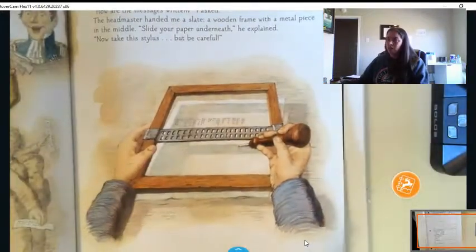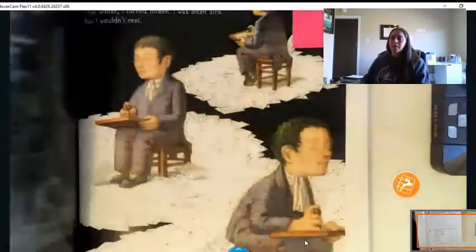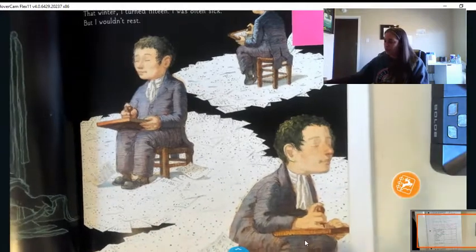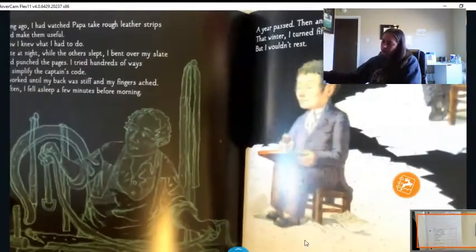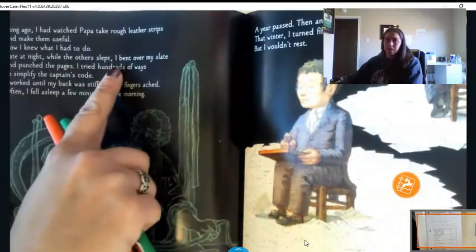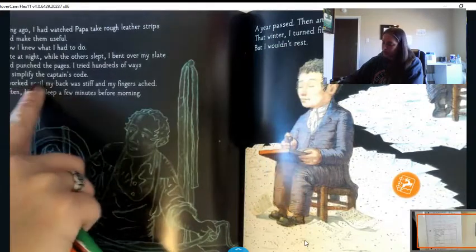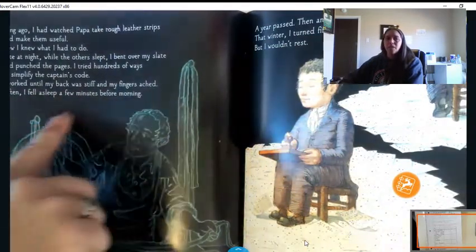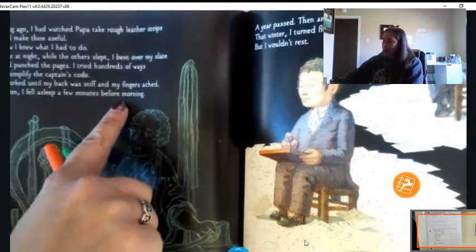And finally, he learned about a secret code using a stylus. But it wasn't useful for the blind children. They couldn't use it very well. And so Louis sat late at night while the others slept. I bent over my slate and punched the pages. I tried hundreds of ways to simplify the captain's code. I worked until my back was stiff and my fingers ached. Often I fell asleep a few minutes before morning.